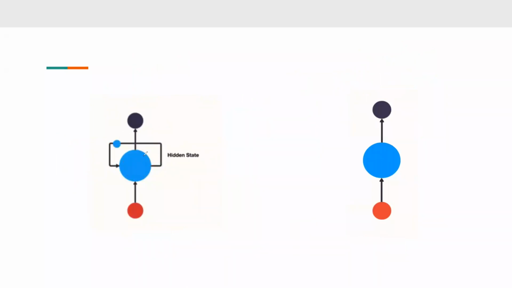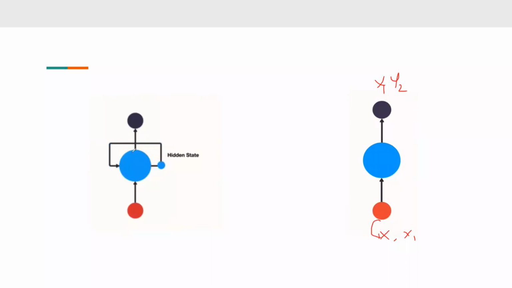So basically what is happening, suppose this is the simple RNN cell. If you give X here, you will get Y as output. If you give X1 again, you will get Y2 as output, but it won't be able to remember what the previous input was.